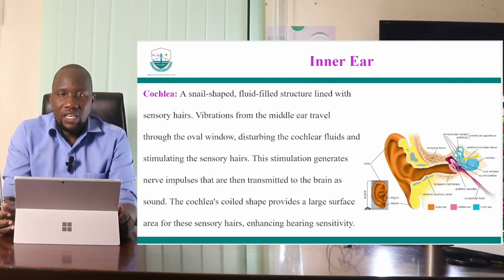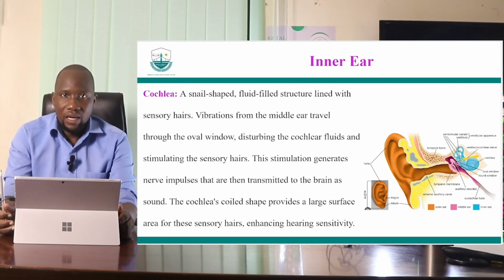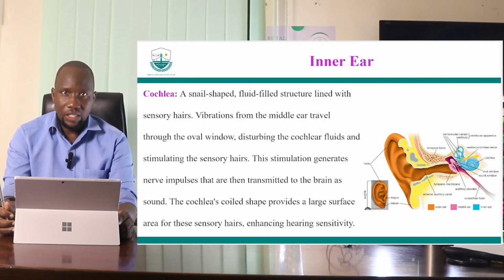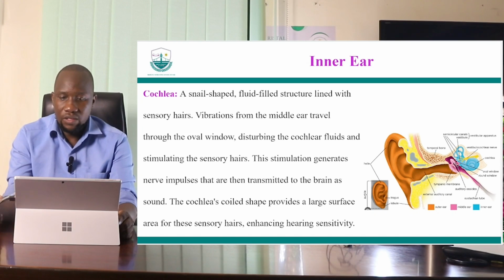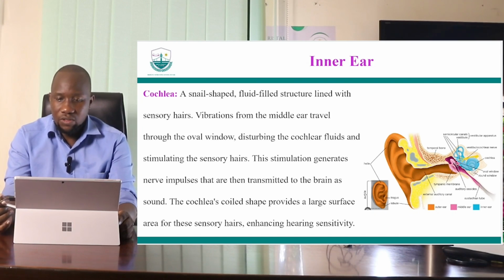The inner ear is mainly having tubes and canals. Okay, so let's first look at the first type of tubes that we find in the inner ear. So here we have the cochlea. The cochlea is snail shaped. Okay, these round things that you see here, and they're filled with fluid.